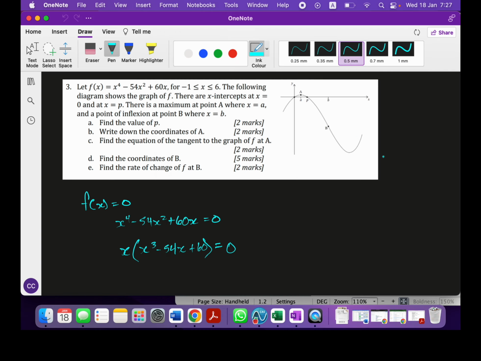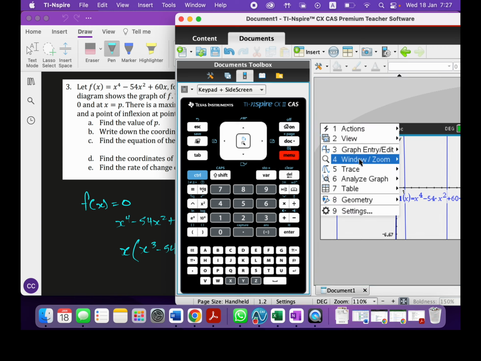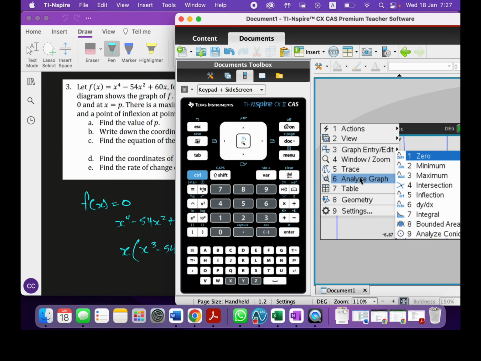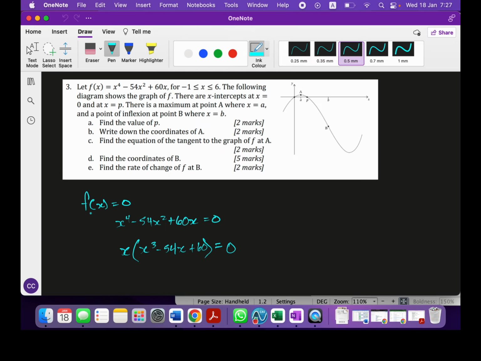We're only looking for this first intercept. We know this has got to cross the x-axis, and that's what it's showing. So I'm going to do analyze graph and find the zeros. I pick a point before the intercept I'm after, and then after.